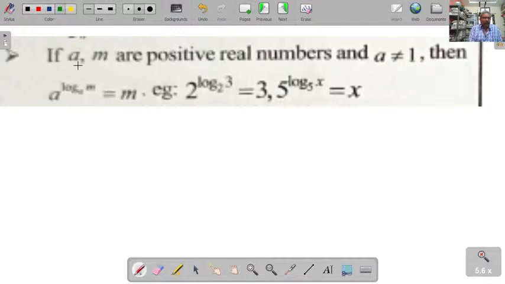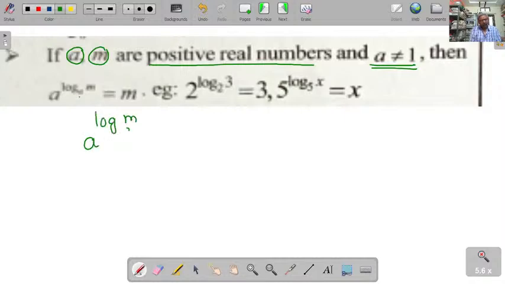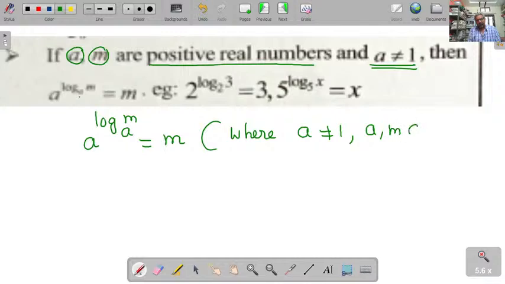Here, if a, m are positive real numbers and a does not equal 1, then a to the power of log m to the base a is equal to m. What is given here is a to the power of log m to the base a is equal to m, where a does not equal 1 and both a and m belong to the positive real numbers.